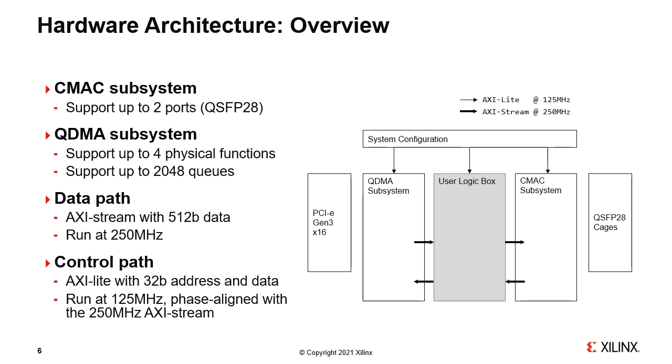It has AXI stream enabled data paths, and it also has AXI Lite enabled control paths. We can see the user logic box is in between the QDMA subsystem and the CMAC subsystem. And we also have a configuration subsystem in the hardware, which we can see on top of the architectural diagram.